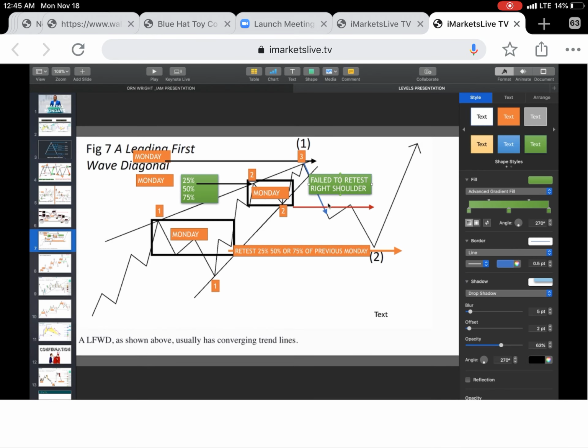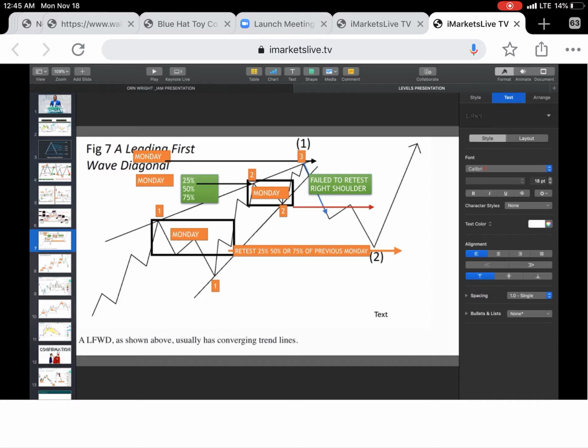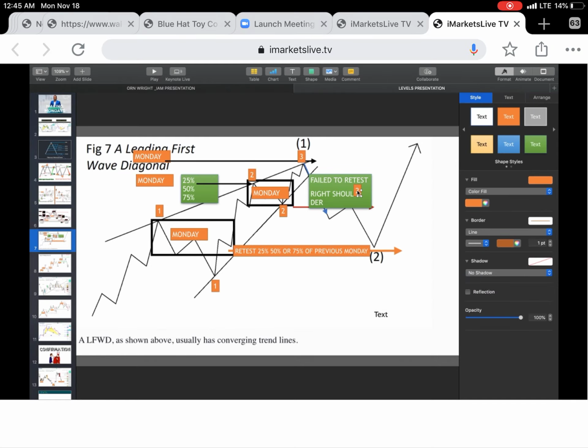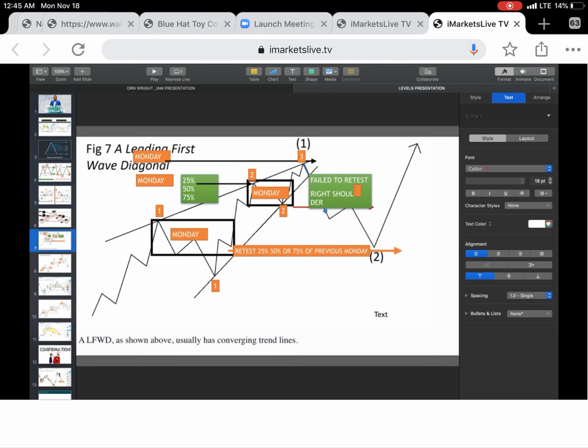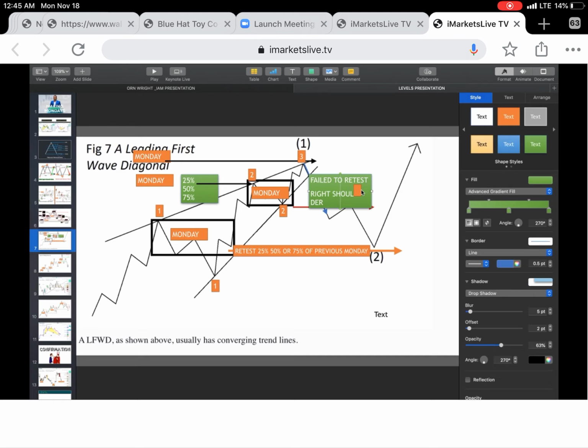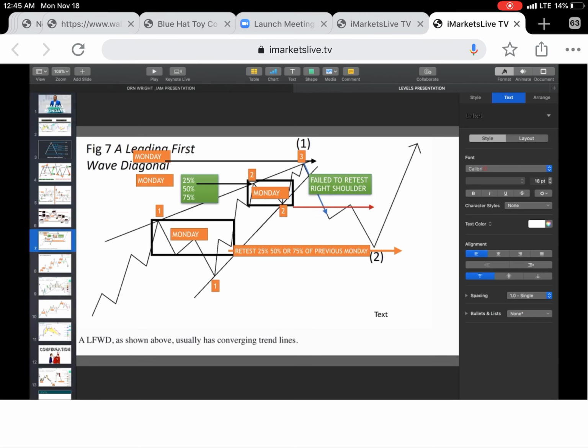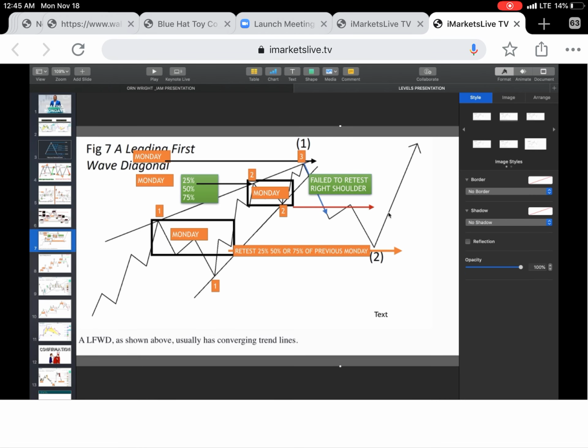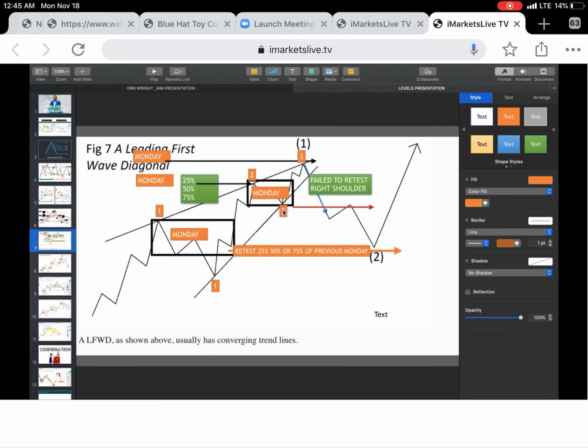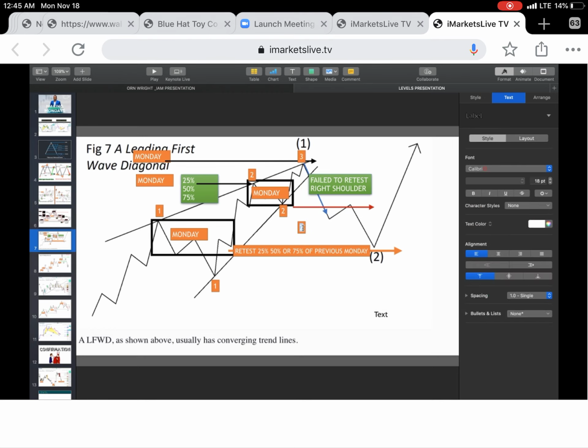Okay? So this market failed to retest the right shoulder, and then we have a continuation right down at the bottom. If you're understanding this, type 1 inside the box. And I'm just going to put continuation.